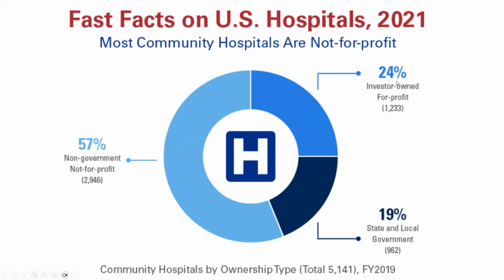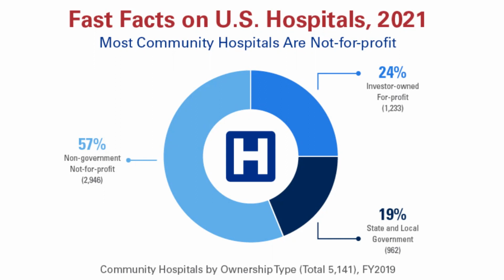So Portsmouth Regional Hospital, which is in Portsmouth, another town not far from Durham, where UNH is, is an investor-owned organization. So at the end of the year, any money that's left over, Portsmouth Regional can do one of two things with it. It can take those profits and reinvest them into the hospital and make the hospital bigger and better and provide higher quality of care, or it can pay out a dividend, right?